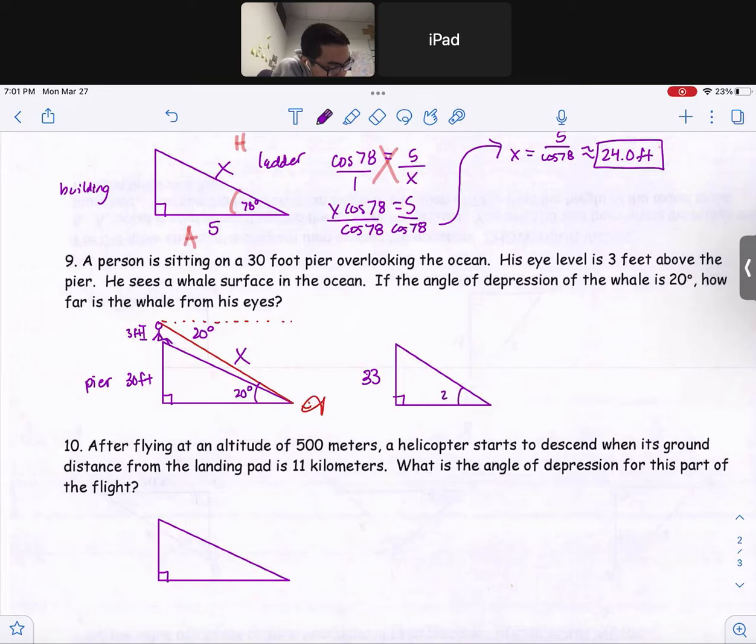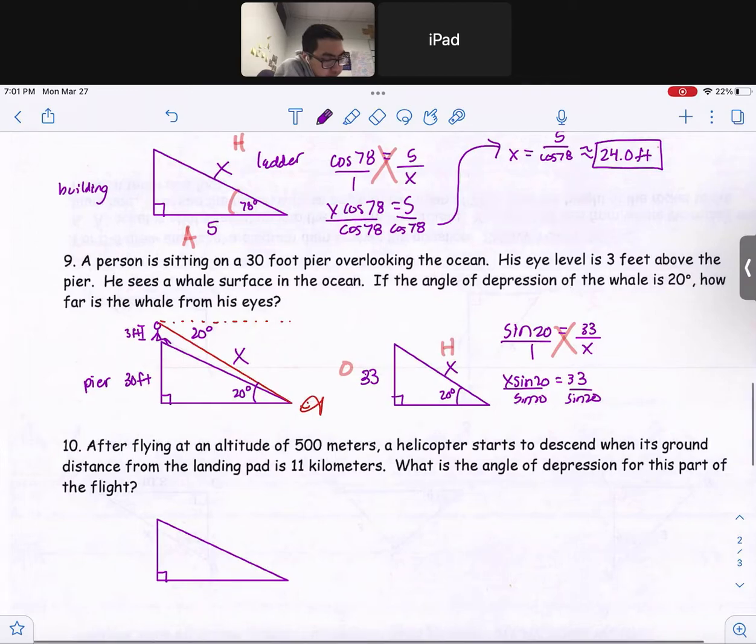This is 20 degrees, and we're trying to figure out the distance from the eyes to the whale. So this is definitely using sine, right? From the perspective of that angle, this is opposite over hypotenuse. So sine of 20 equals opposite over hypotenuse. Cross multiply, x sine of 20 equals 33 and divide both sides by sine 20.